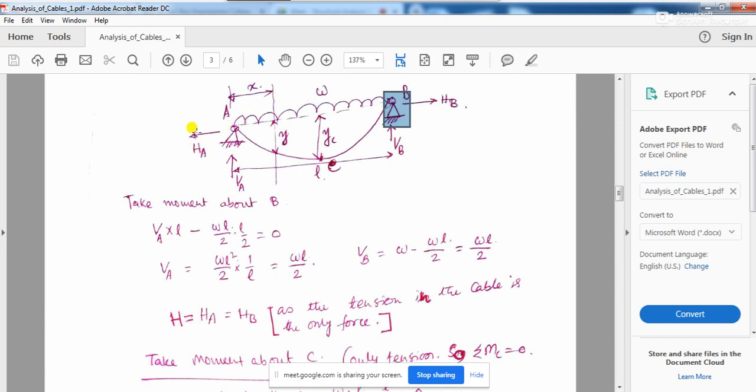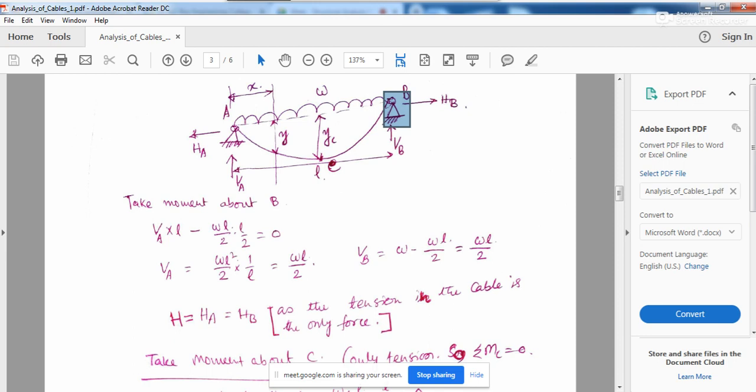So at the support, the horizontal reaction components will be equal. So H should be equal to HA, equal to HB, as the tension in the cable is the only force. That is very important. If there is any force other than tension, then this condition will not prevail. As tension is the only force coming in the main cable, the horizontal reactions must be equal.